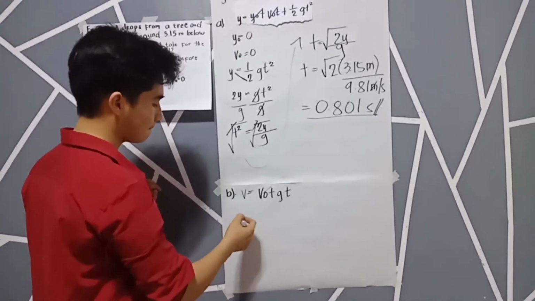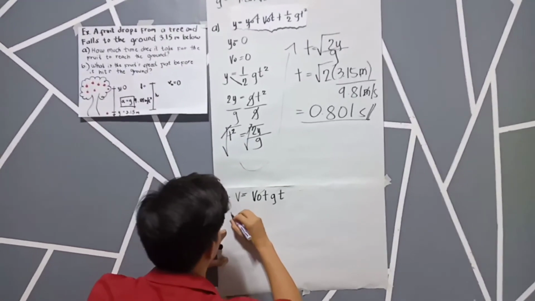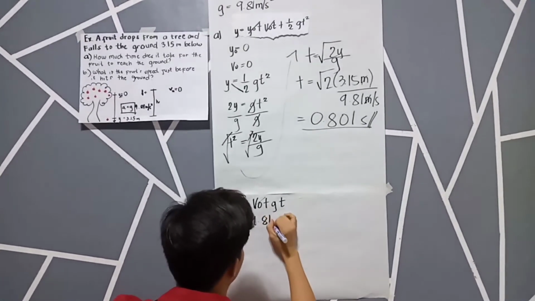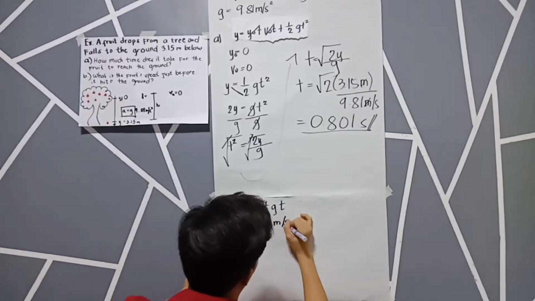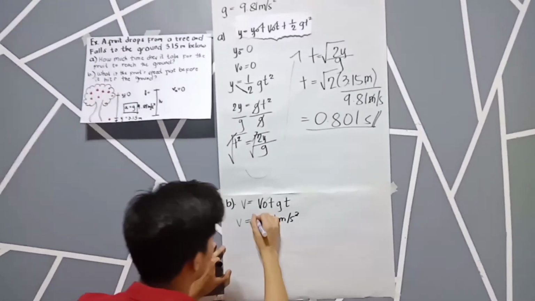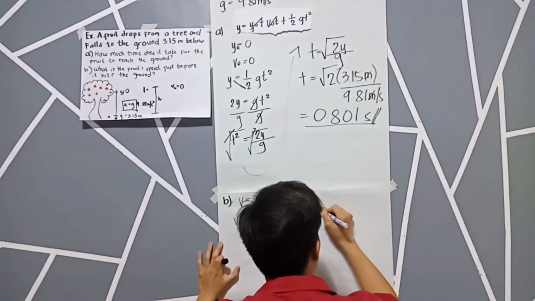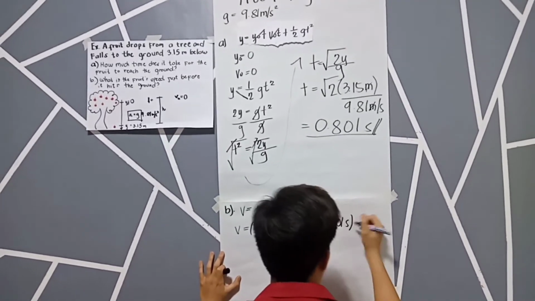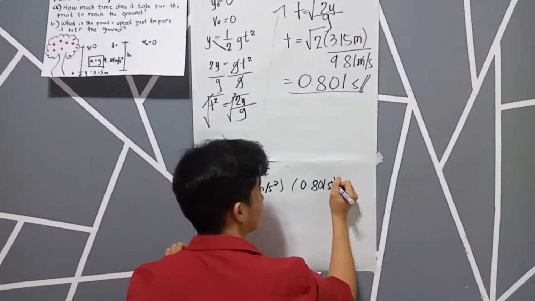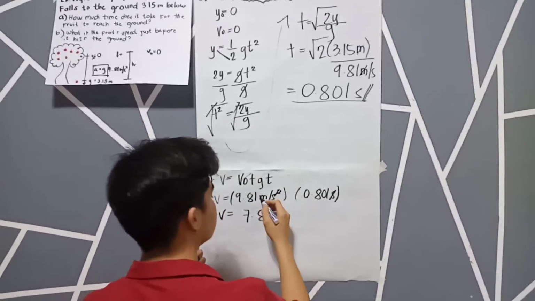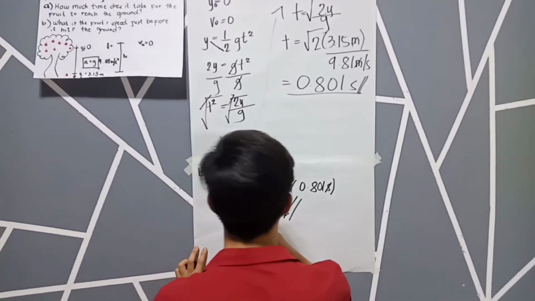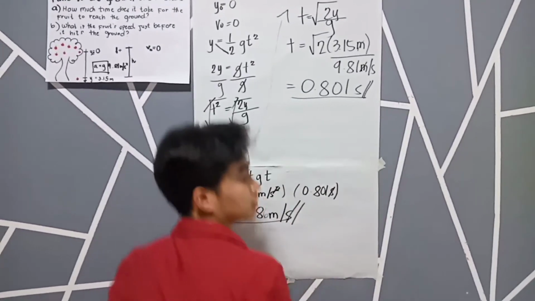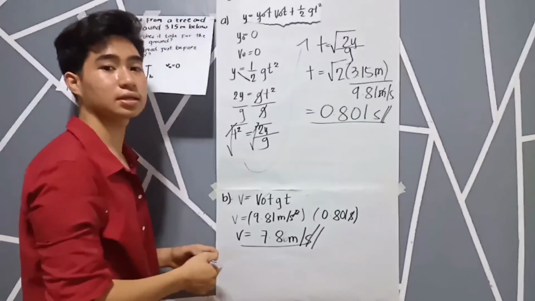Now v is equal to 9.81 meters per second squared, or the gravity, times 0.801 seconds. We cancel seconds and the remaining is meters per second. So v is equal to 7.86 meters per second. This is the velocity using this equation.